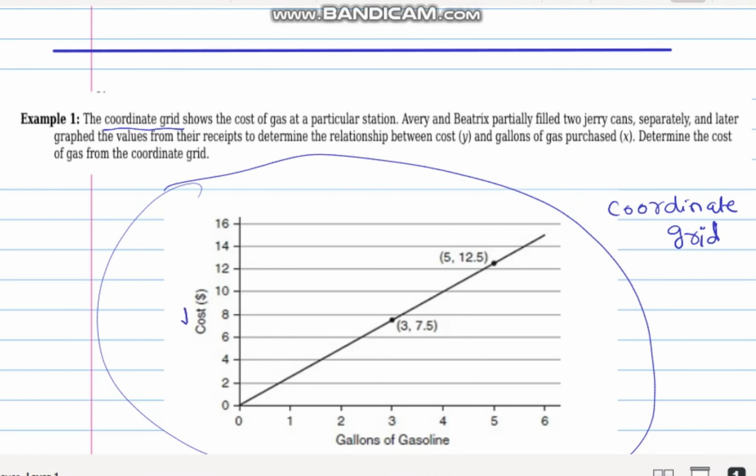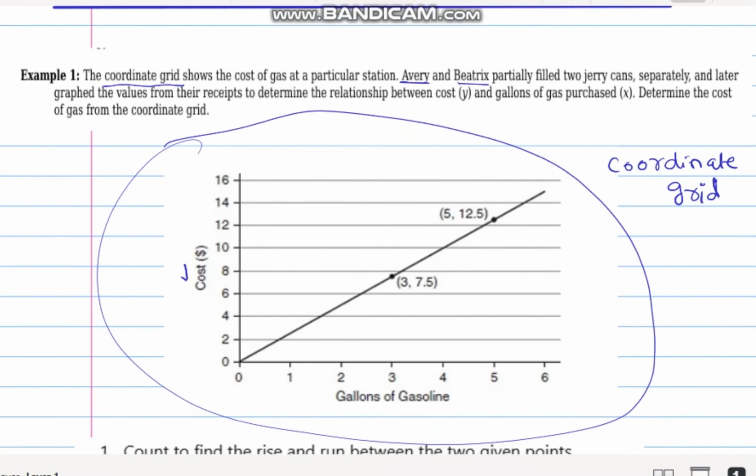Avery and Beatrix partially filled two jerry cans. There are two persons, one named Avery and another named Beatrix. They filled two jerry cans separately and later graphed the values from their receipts to determine the relationship between costs and gallons.